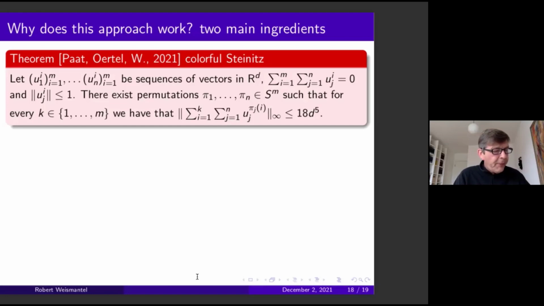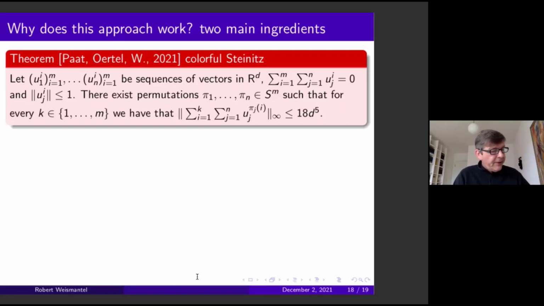With the following property: if you sum up over all the u's, then they reach a value of 0. Then you can simultaneously find permutations, not only one, but a permutation P1 and a permutation P2 up to Pn, for each of the sequences, with the following property.